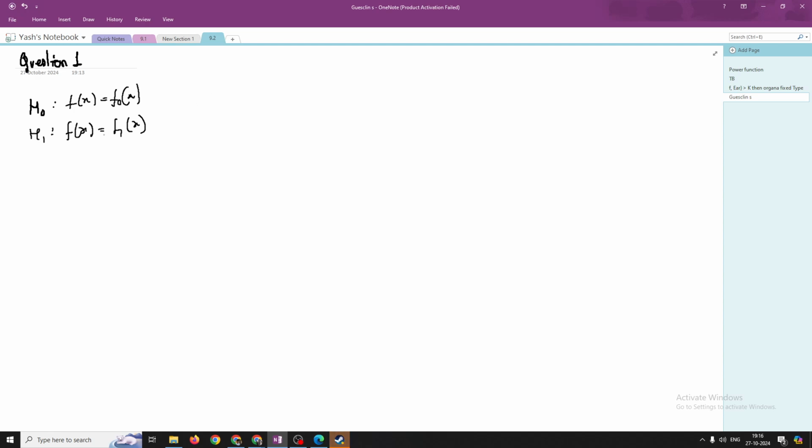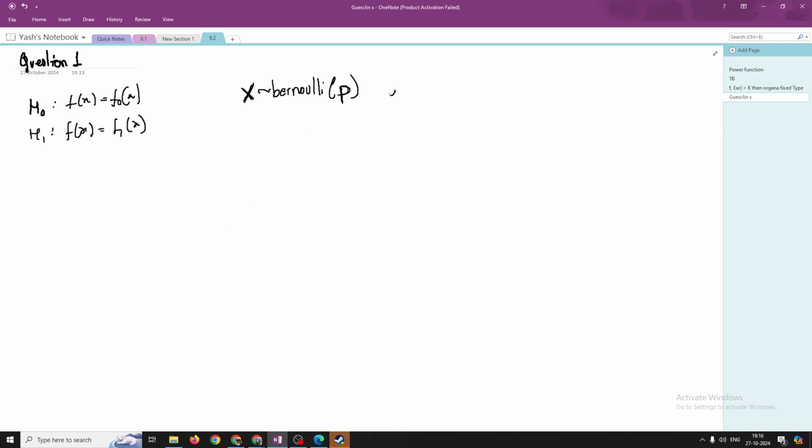You take a single observation from a Bernoulli distribution with parameter p, and if your h naught is true, then this parameter p is 0.3, and if your h1 is correct, then your parameter p is 0.6.